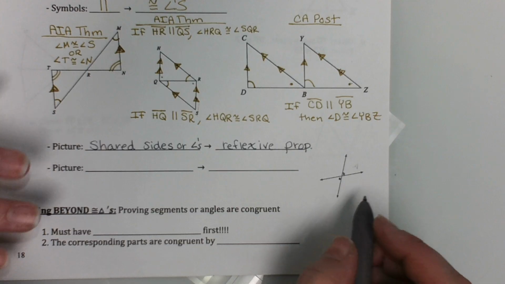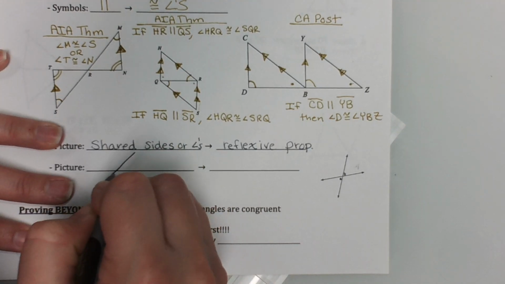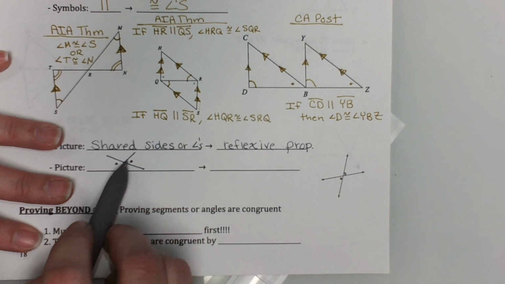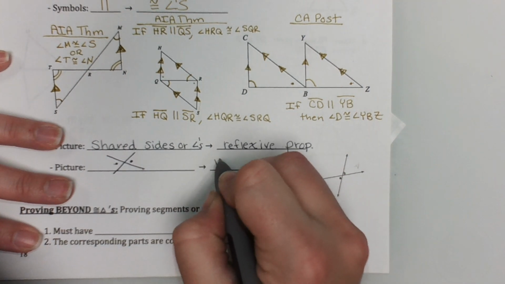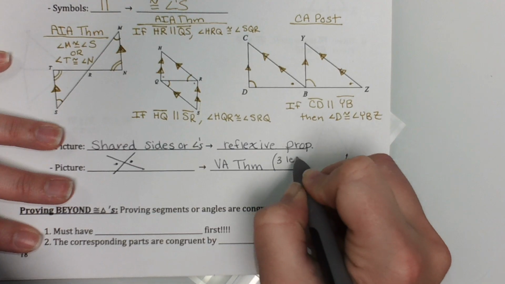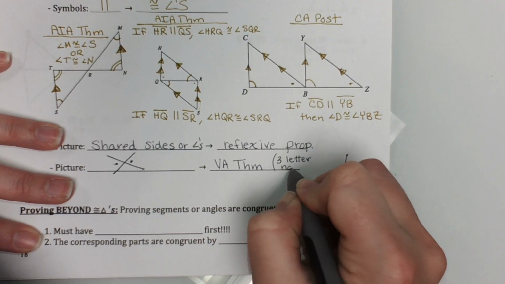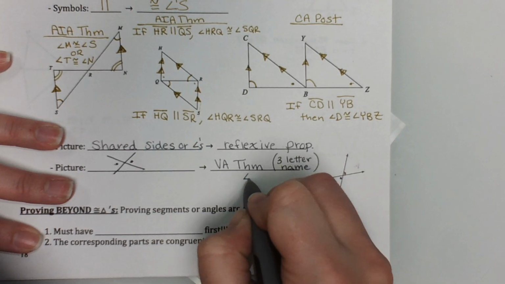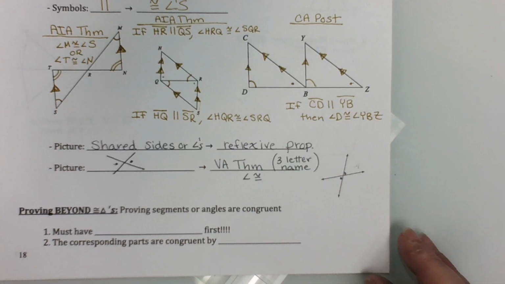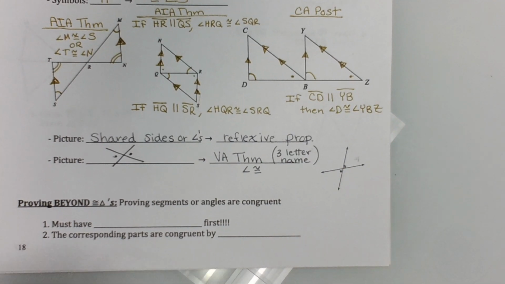Otherwise, in the picture, you see a situation like this. That's vertical angle theorem. It's angles that are congruent at that point. Make sure you use the three-letter name.